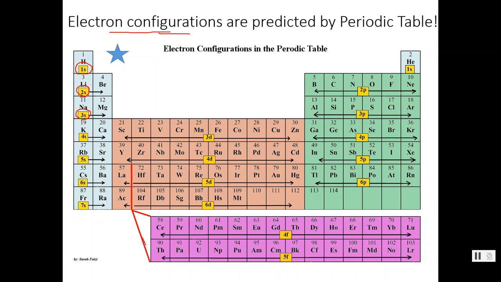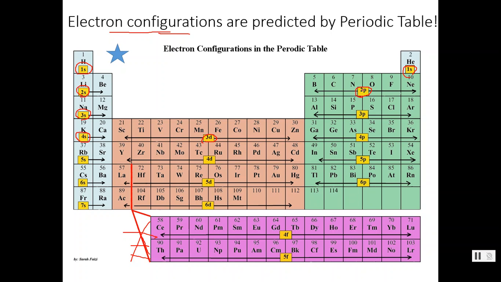whatever this off red is, and green. We're not going to really talk about these elements down here at all, so you don't have to worry about writing these little trends in yellow down here. I would write down these trends, the ones in the little yellow boxes, on your periodic table for the areas in blue, red, and green.